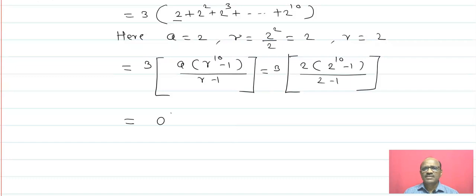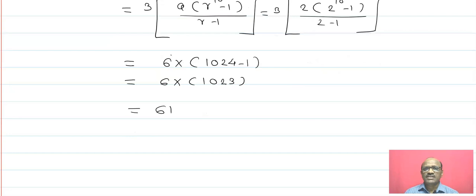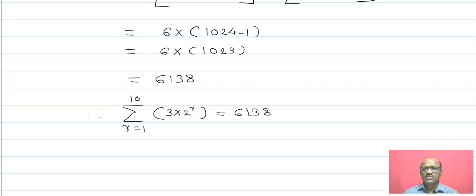That is 3 into 2, that is 6, times (2 raised to 10 minus 1). 2 raised to 10 means what? 1024 minus 1, that is 6 into 1023, and therefore the answer is 6138. Therefore the summation r equals 1 to 10 of 3 into 2 raised to r is equal to 6138.